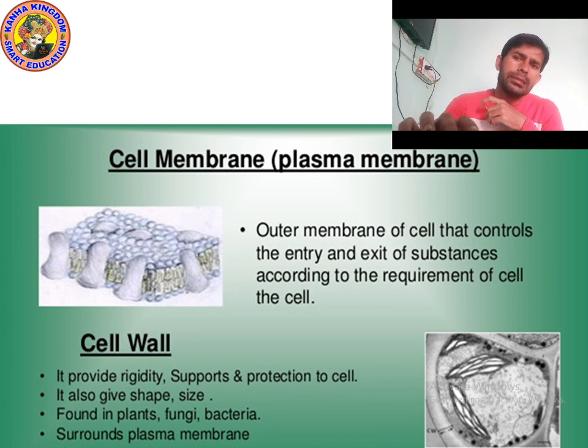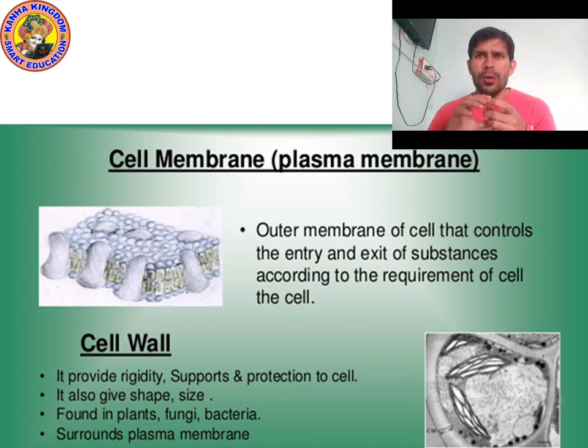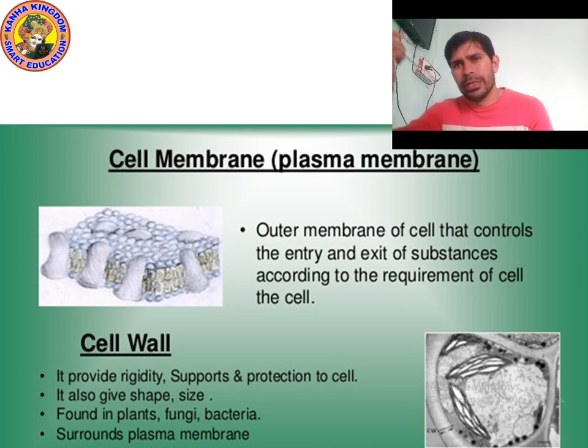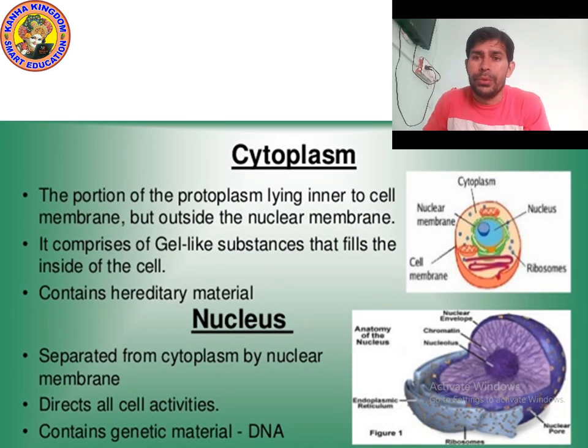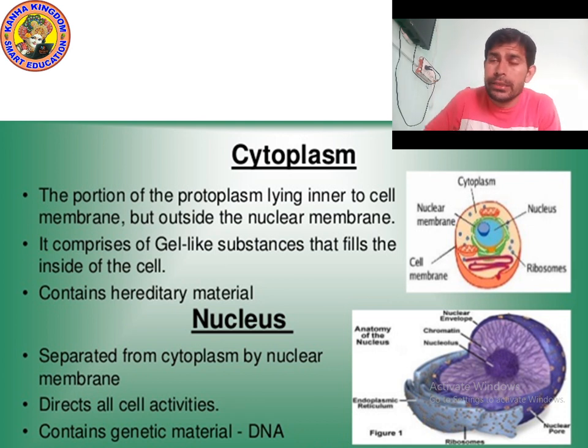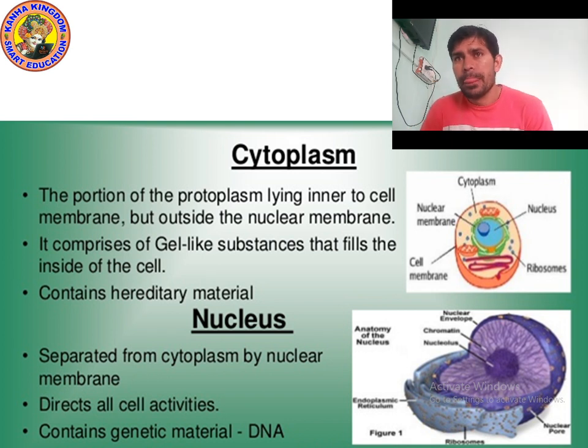Now, kids, let's study about nucleus and cytoplasm. Let's move on to the next point. Okay, kids, so now let's talk about the cytoplasm and nucleus. Yes, check the spelling: cytoplasm, and nucleus.